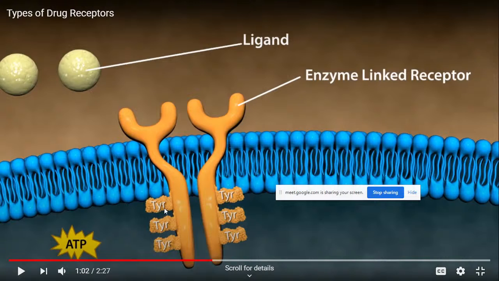This phosphorylated tyrosine kinase will initiate a further series of biochemical and physiological reactions in the cells. It may stimulate protein synthesis, it may stimulate glucose synthesis. That is our pharmacological response.